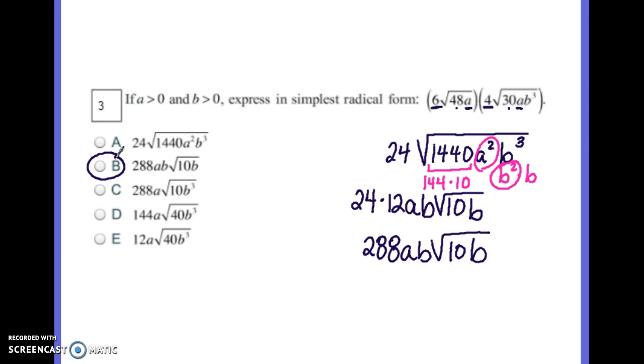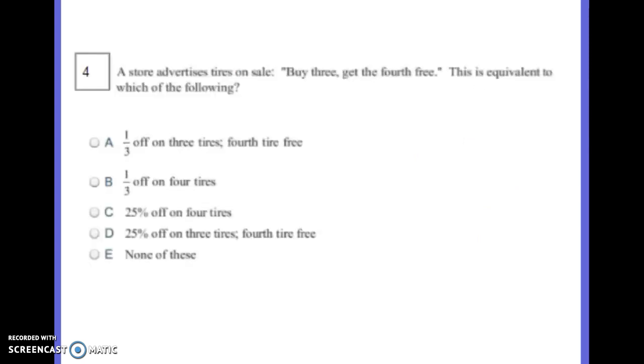On number 4, a store advertises buy 3 tires, get the 4th free. And you're asked which of these statements is the equivalent. And if you think about what's going on, you're getting 1 tire for free. So if you look at answer choice C, you're taking 25% off all 4 tires.